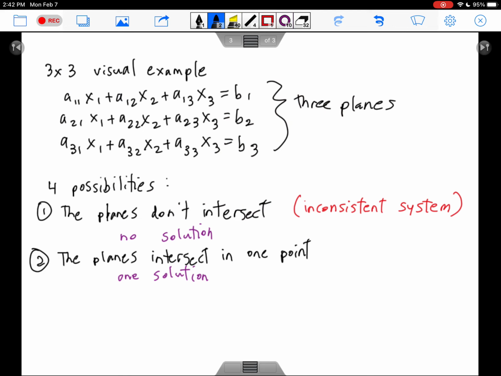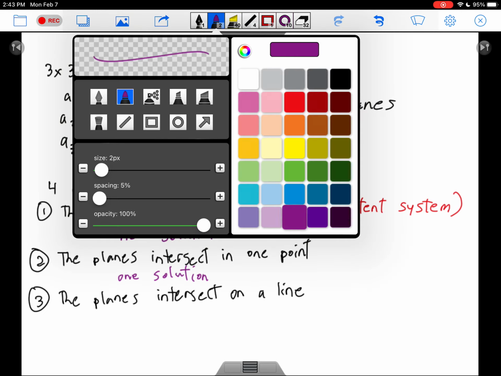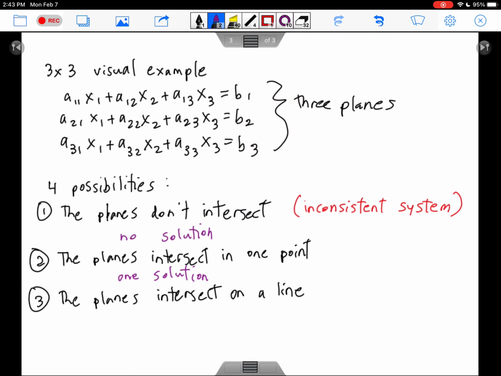Okay. What would the third possibility be? The third possibility is that the planes intersect at a line. So if they intersect on a line, then that would be an infinite number of solutions, right? Infinite number of solutions.